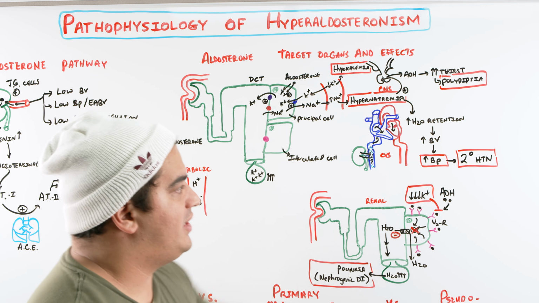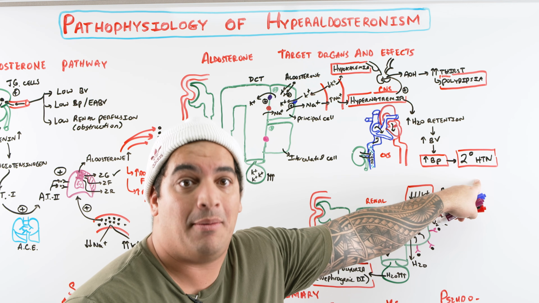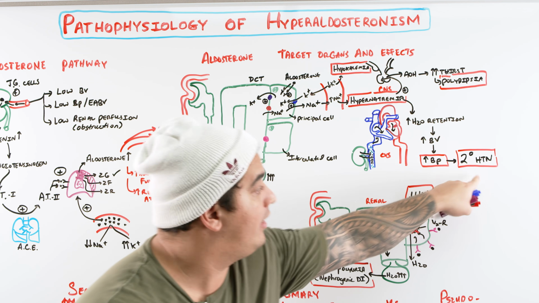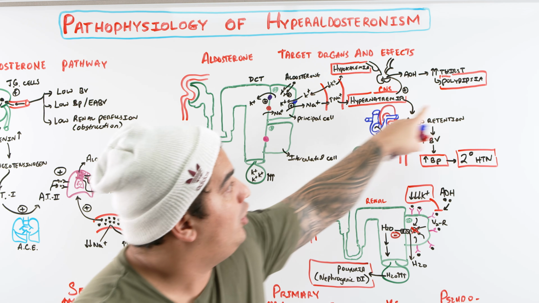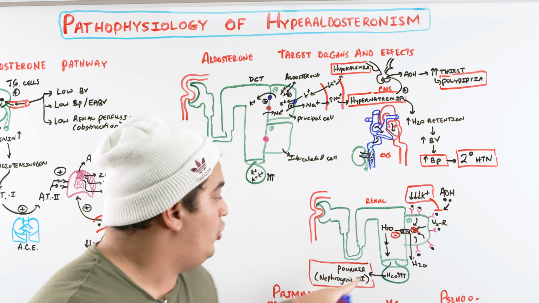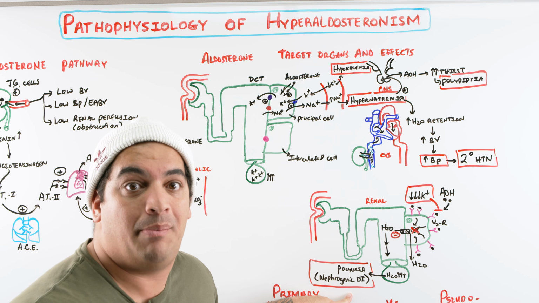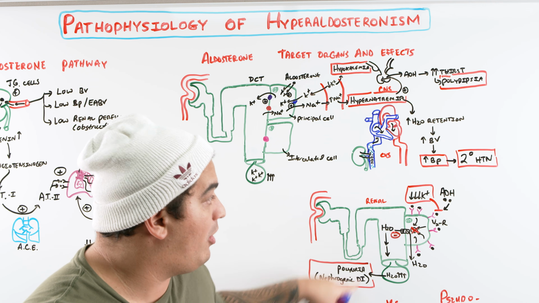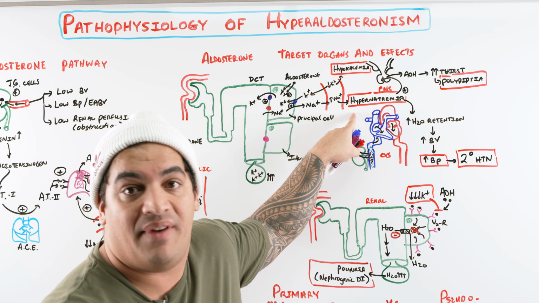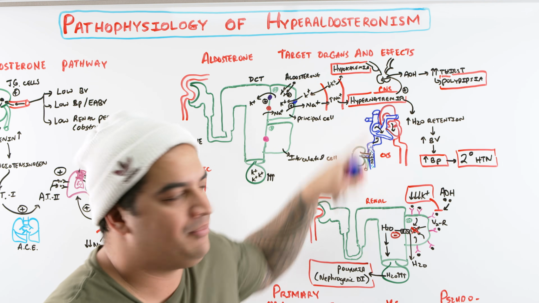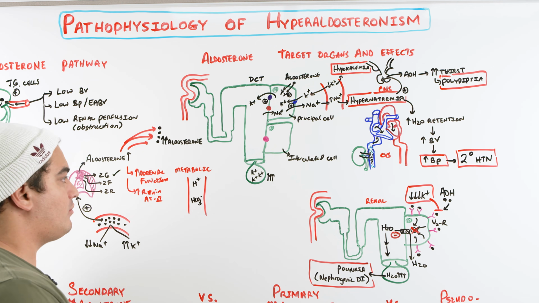I really can't stress this enough: this is sometimes one of the most common findings in combination with severe hypokalemia, hypernatremia. You may see some polydipsia, you may see some polyuria. It depends. The polyuria is dependent upon the severity of the hypokalemia, and the polydipsia is dependent upon the severity of the hypernatremia. But we're not done.